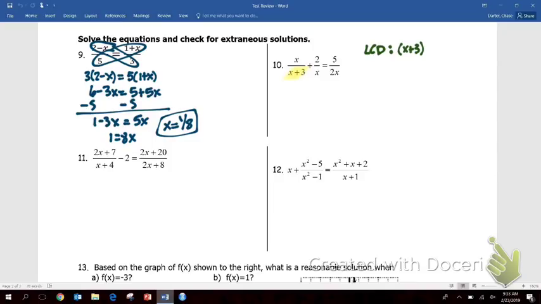In the second fraction, I need to cancel out x. So, I know x is a part of my LCD. In the third fraction, I need to cancel out a 2 and an x. Well, I already have an x in my LCD, so I don't have to put x again. But I do have to cancel out that 2, so I need to add a 2 to my LCD.